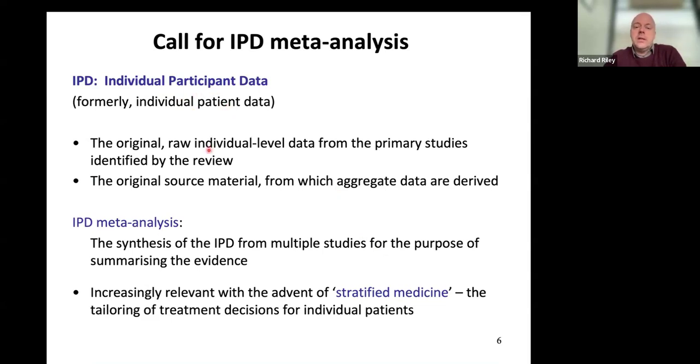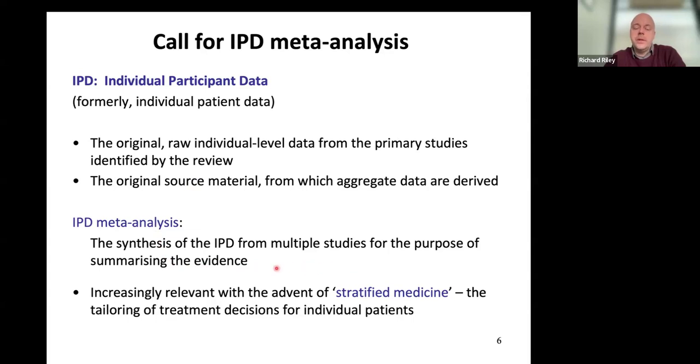We're talking about the raw individual level data from primary studies identified by the review. You can think of it as the original source material. Any result that was published in a study article has been derived from the original source material, which is the IPD. So formally, an IPD meta-analysis is the synthesis of the IPD from multiple studies for the purposes of summarizing the evidence.